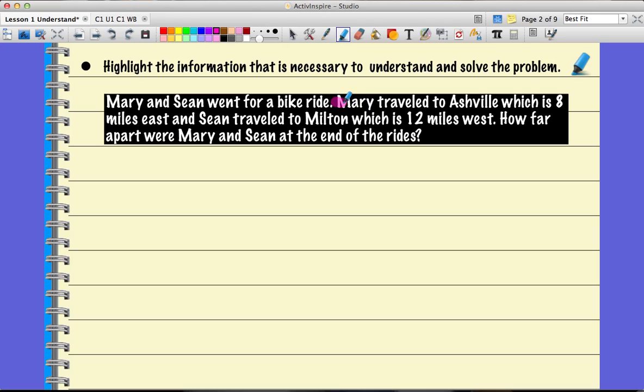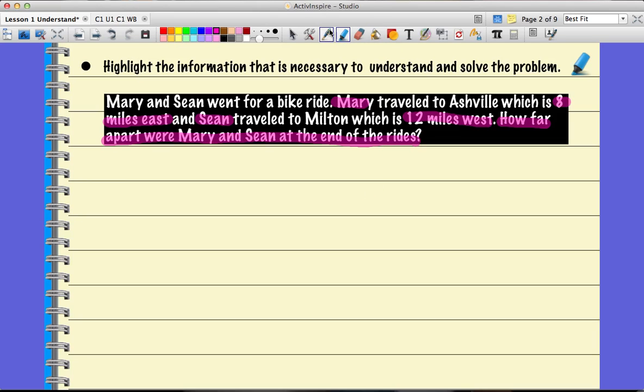So it is important to note that Mary went 8 miles east. The reason east is important in this case is because she went east and Sean actually went 12 miles west. Okay, another piece of the puzzle there that's important. And the question asks, how far apart were Mary and Sean at the end of the rides?